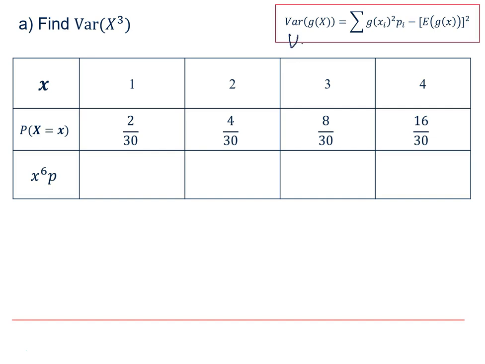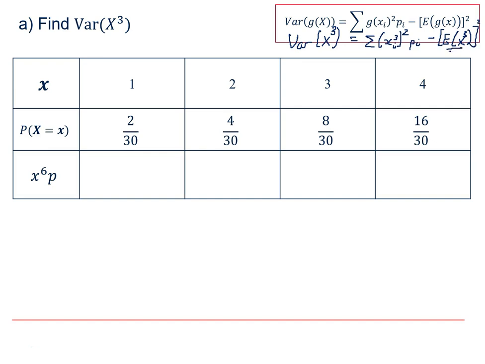So we want to find the variance of x cubed. So that's actually going to give us sigma xi cubed, that's our function, squared multiplied by pi, minus the expected value of x cubed, and that is all squared.